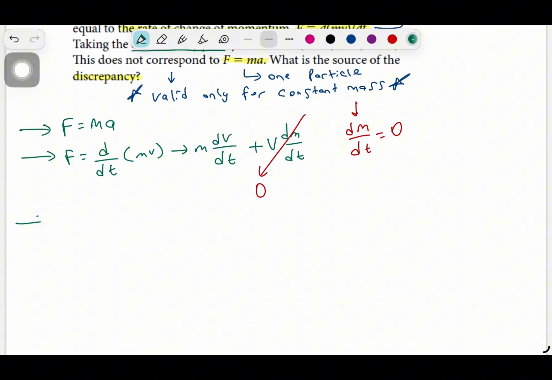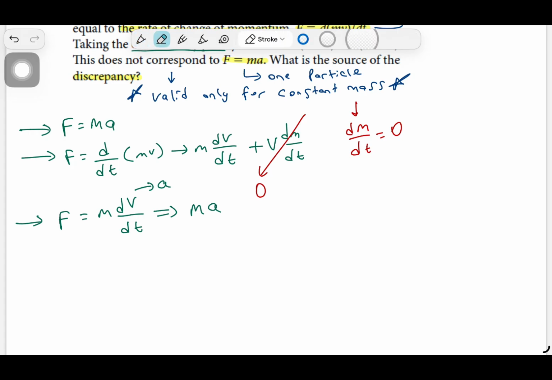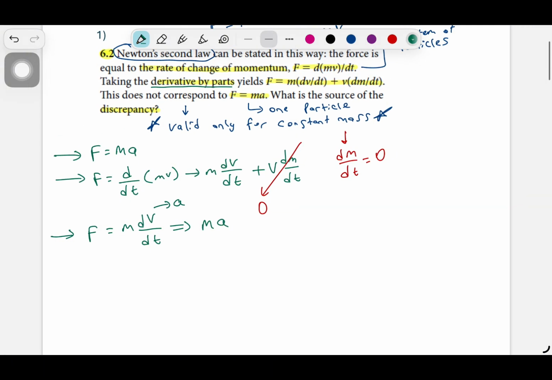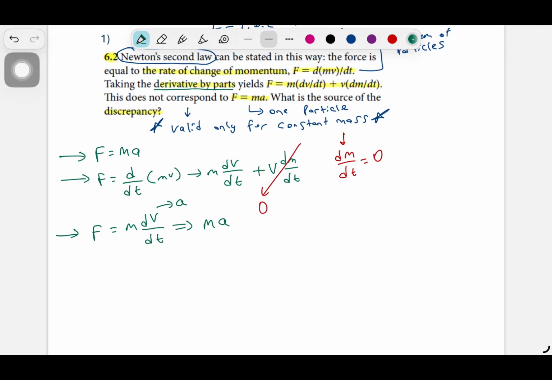And basically, we will get F is equal to m dv over dt. And since this is acceleration, the rate of change of velocity over time, we are getting ma. So this means that they are actually the same, and both of them are correct.